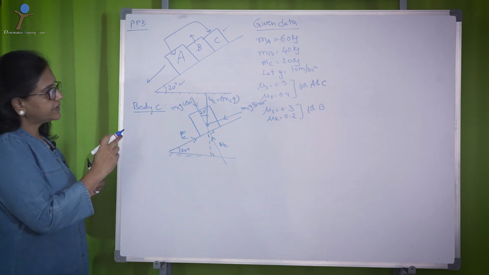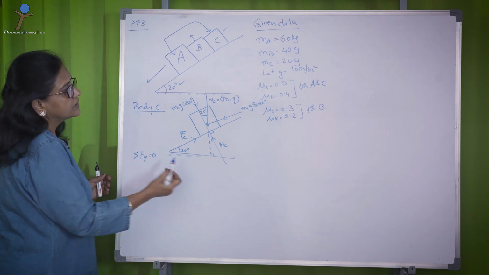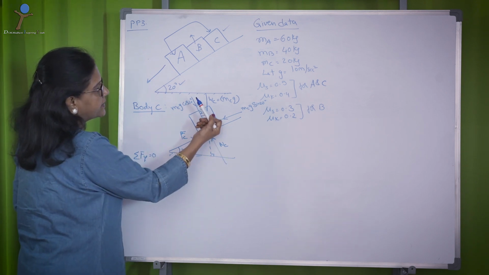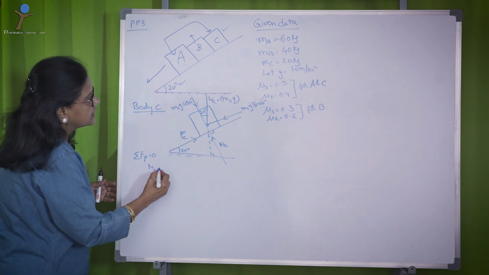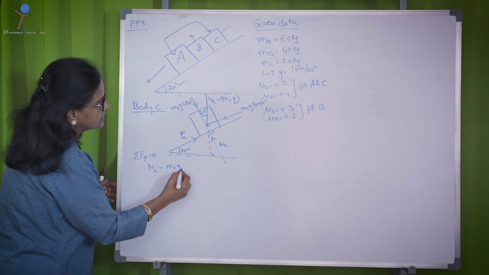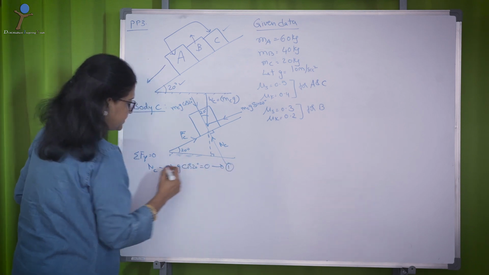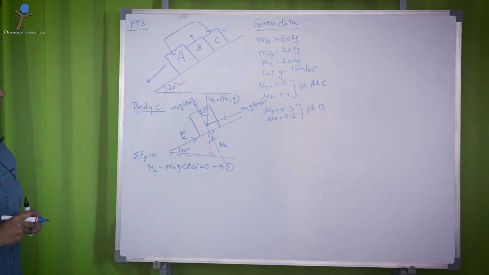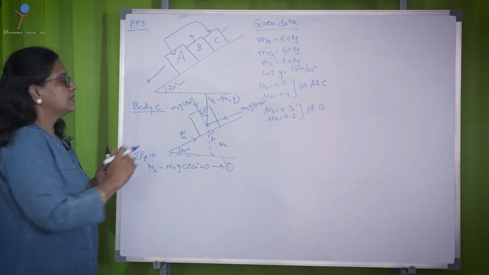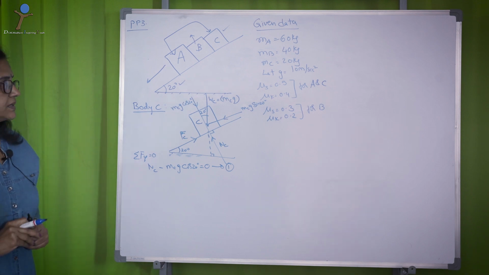Now, apply the equilibrium condition in the y direction, Fy equal to 0. So, the sum of the forces acting upward and downward equal to 0. So, NC minus MCg cos 20 equal to 0 is the expression where you can calculate NC. Now, check if the block C is sliding or not. That is the first question.